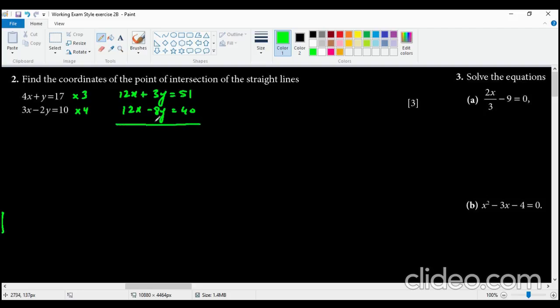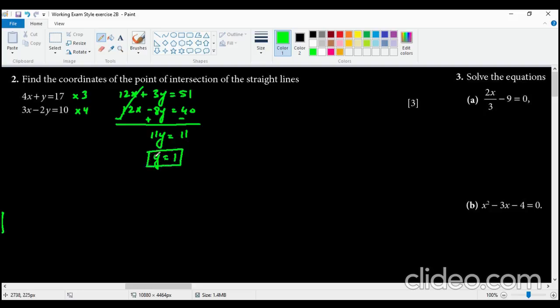Subtracting the second equation from the first one, changing the sign, never forget this, and 3 plus 8 is going to give us 11y, and 51 minus 40 is going to give us 11. So y equals 11 divided by 11, which is 1. So this is the value of y.